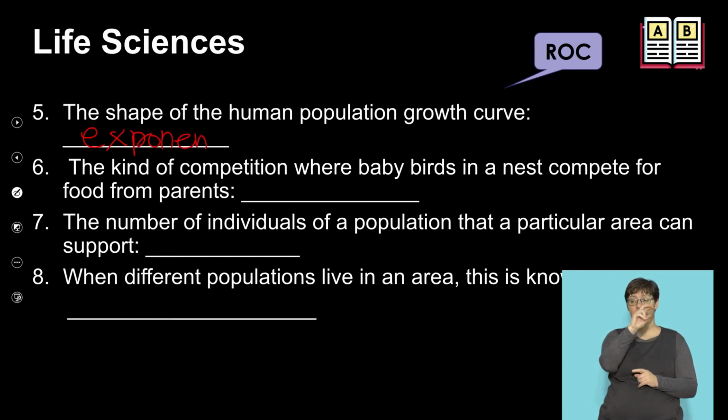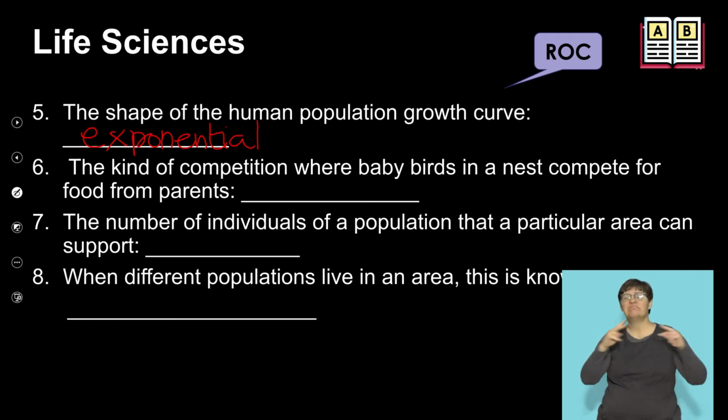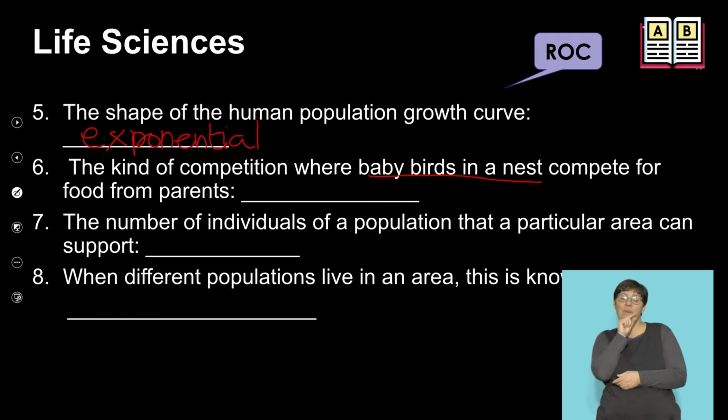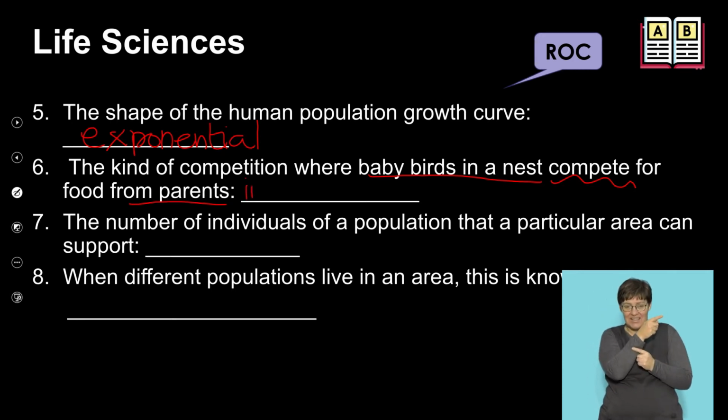The shape of the human population growth curve, we are looking at an exponential growth curve. The kind of competition where baby birds in a nest, so we're looking at the same species, compete for food from the parents. So the same species, that is intra-specific competition.